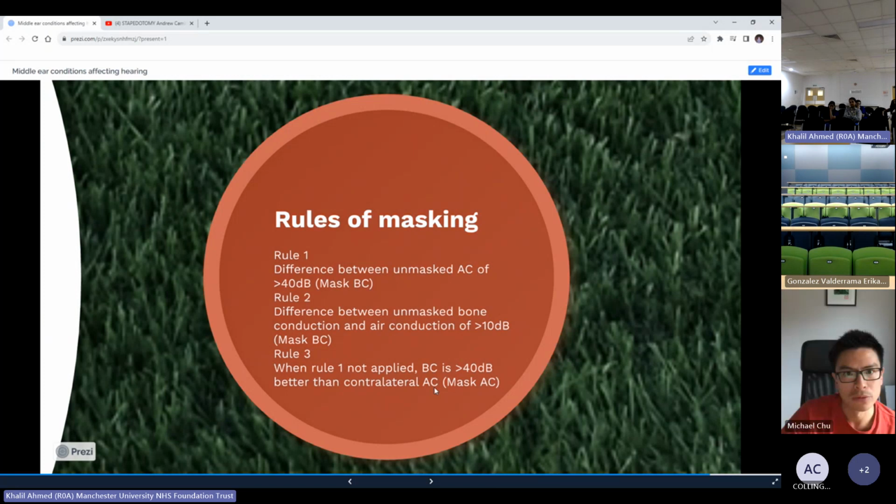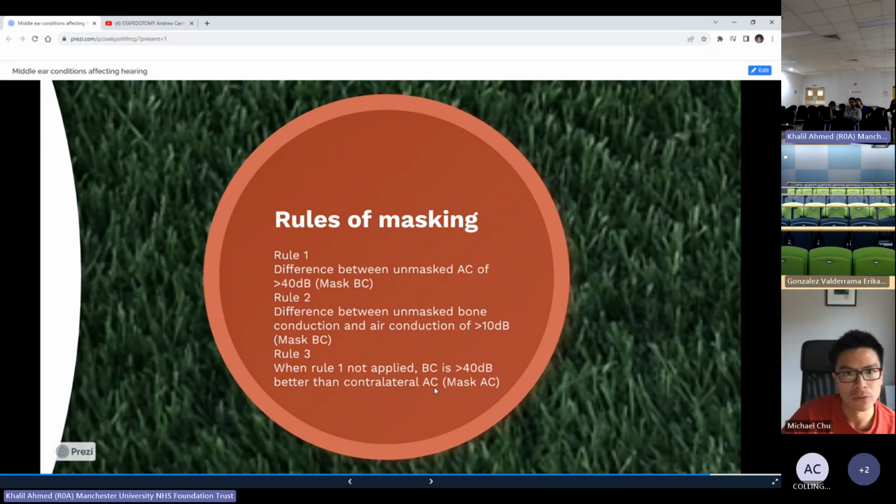Because we all know the crosshead masking effect of sound. So if someone talks to me at 70 decibels on the right, my left ear can hear it at 30 decibels, because the head only masks sound by 40 decibels.